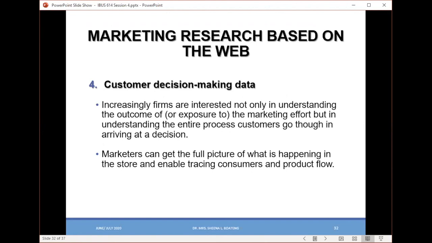So you realize that every single product that you clicked on before you finally made your purchase will become one of the criteria by which they will start making suggestions to you for future purchases. So by doing that, marketers are able to get a full picture of what is happening right from when you enter the platform to when you make your final purchase. So the entire process becomes a means through which the marketers can sell to you and make sure that they maximize the returns that they make from you, right?